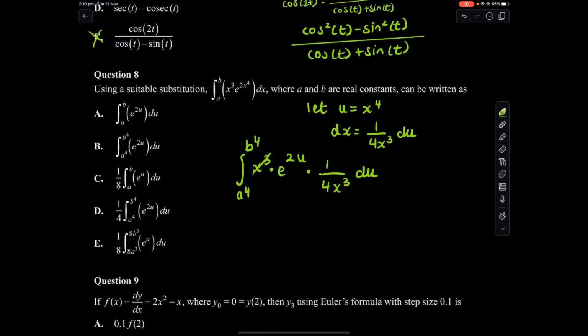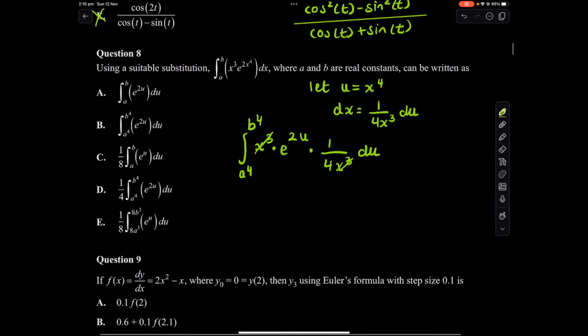So we can cancel those out. We can take that 1 over 4 out. A to the power 4, b to the power 4, e to u du. So which one looks like that? D looks like your answer for that one.